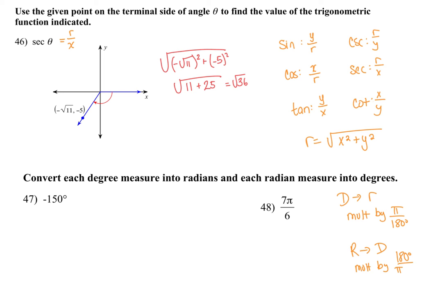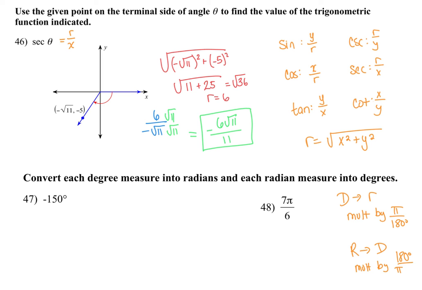Your r is always positive, so my r here is 6. Then I am going to just fill those in. I need r over x. So I do need to get rid of that radical in the denominator. So my answer here is negative 6 square root of 11 over 11.